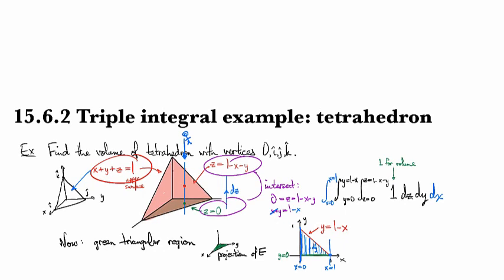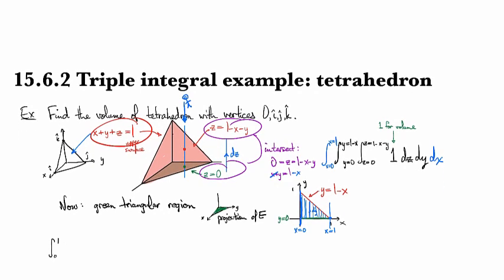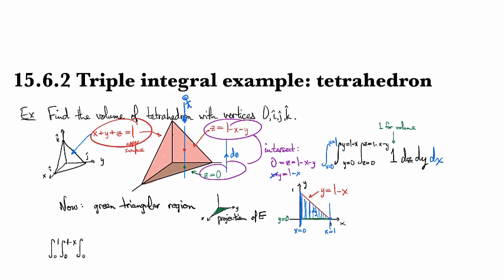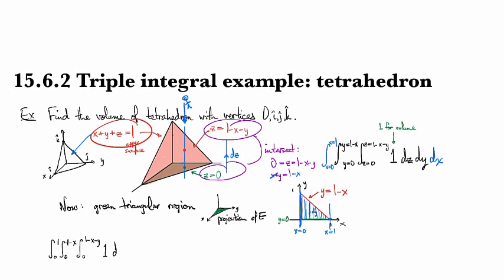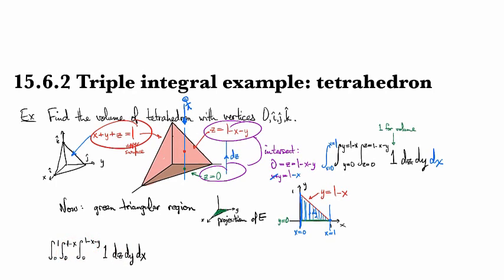And then as you go to evaluate this thing, we've got 0 to 1, 0 to 1 minus x, 0 to 1 minus x minus y. Notice two things. Just like mentioned in the last slide, z does not appear anywhere in these bounds.